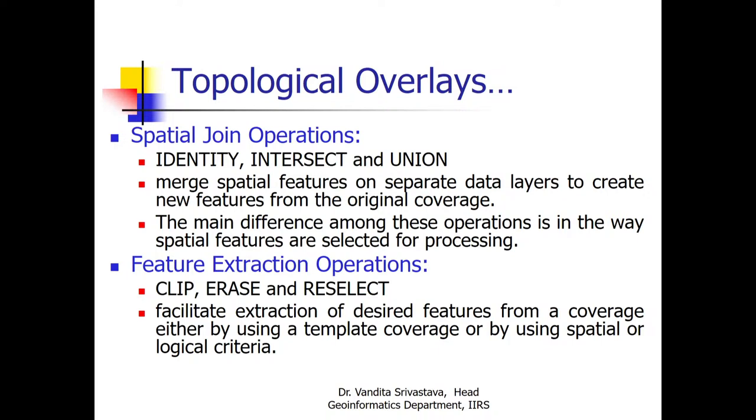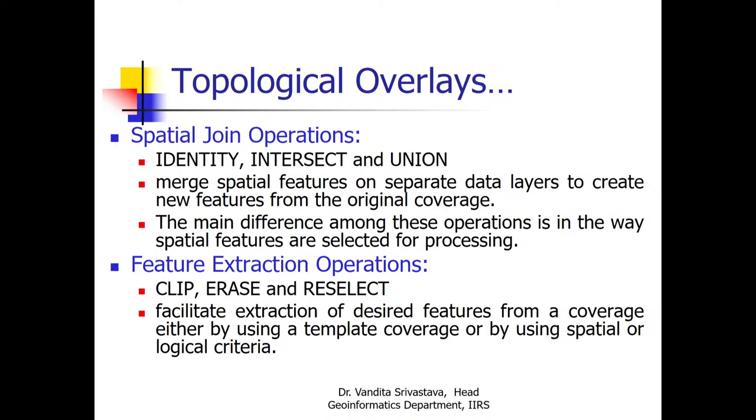This is used, let's say you are working on a study area. You have the roads from one data source. Now you also got roads from another data source which cover other areas, but which have got some updated roads for your data set. So you can overlay that and you can get the identity.